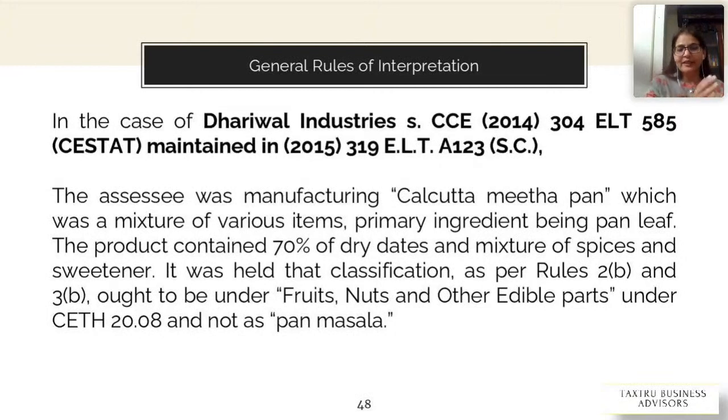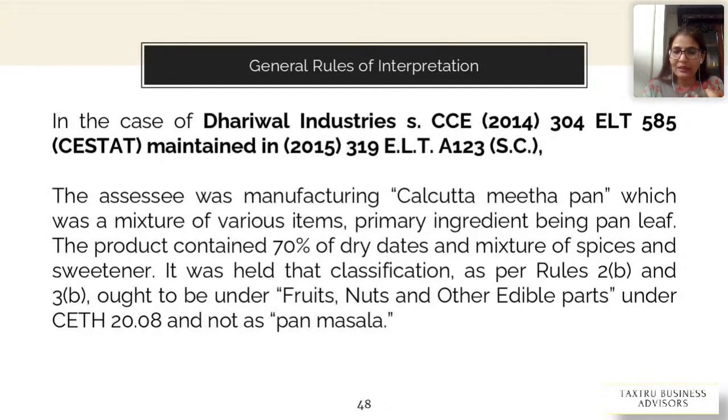So as he has said, in case there is a mixture or a combination, then yes, two classifications can be possible. By virtue of the rule of interpretation, in the matter of Dhariwal Industries, it was decided that SSC was a manufacturer of Calcutta Meetha Pan, which was a mixture of various items, but the primary ingredient was pan leaf. The product contained 70% dry dates and a mixture of spices and sweetener.